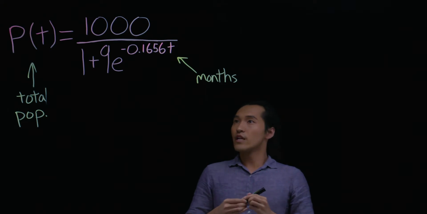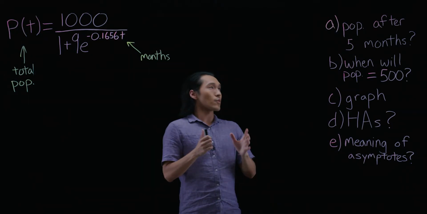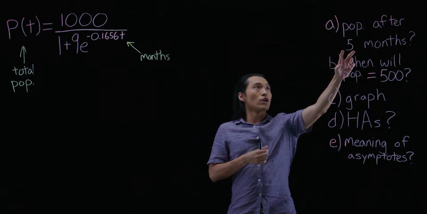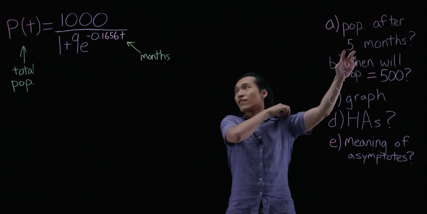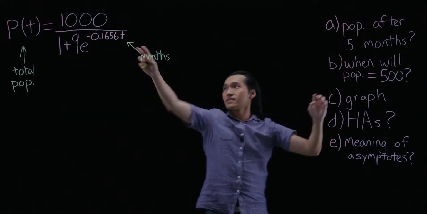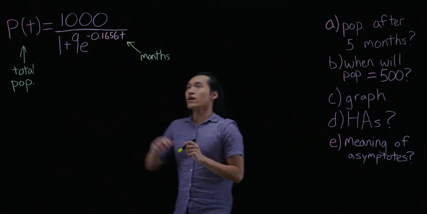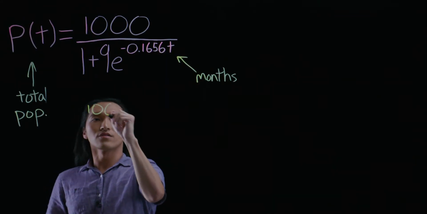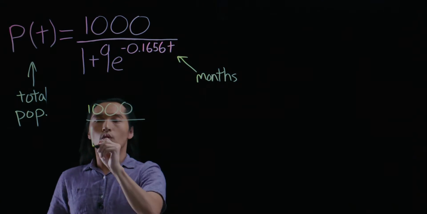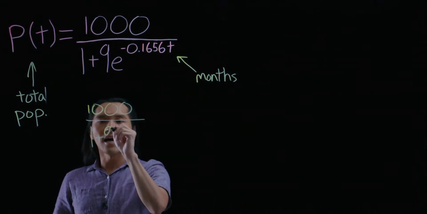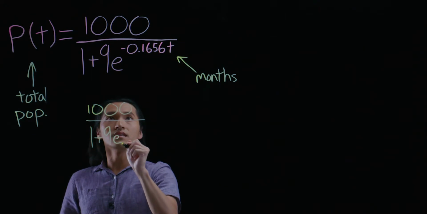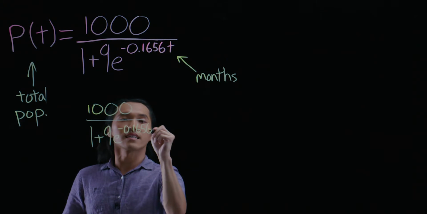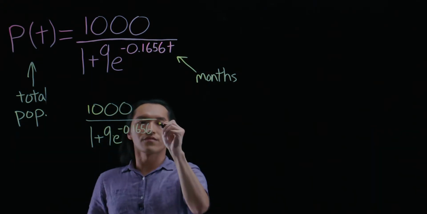To solve the first part of the problem, let's see what they're asking. They're asking for what the population is after 5 months. Recall that months is T, so all we have to do is plug in 5 for T. That becomes 1,000 divided by 1 plus 9 times e to the power of negative 0.1656 times 5.